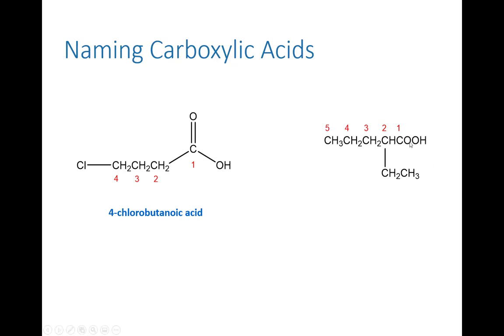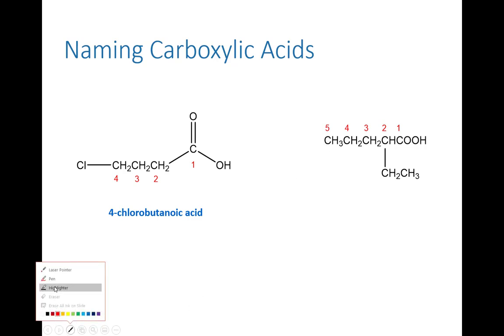How about this compound? Here we have a carboxylic acid, COOH. We look for the longest chain that contains that carbon. So if we go this way, 1, 2, 3, 4, that would be 4 carbons. If we go this way, it's 1, 2, 3, 4, 5. So the longest chain is 5 carbons.